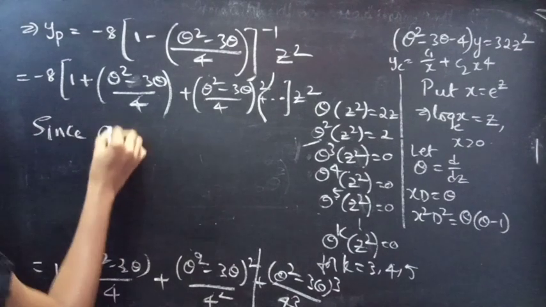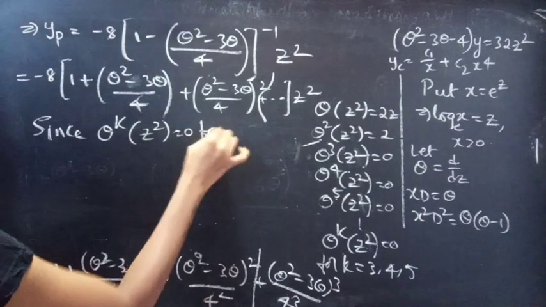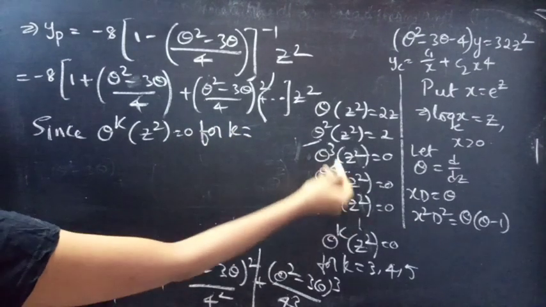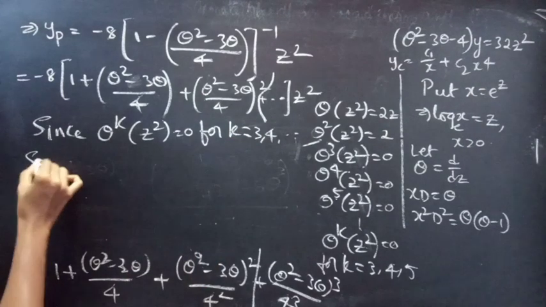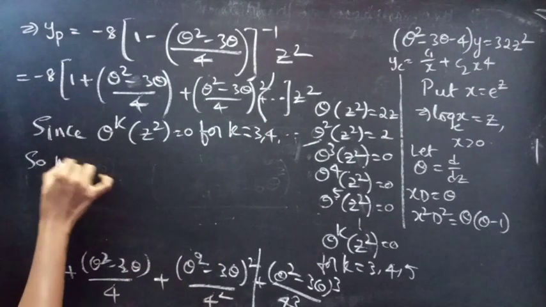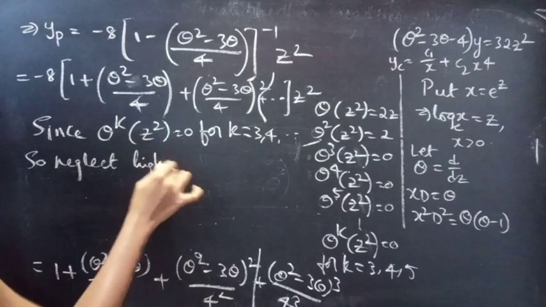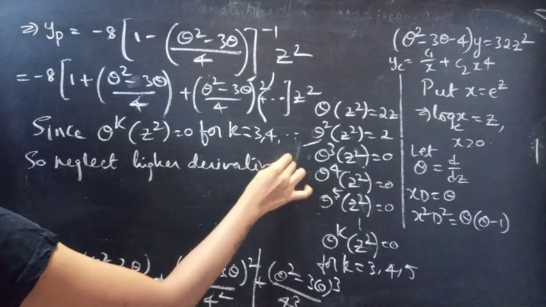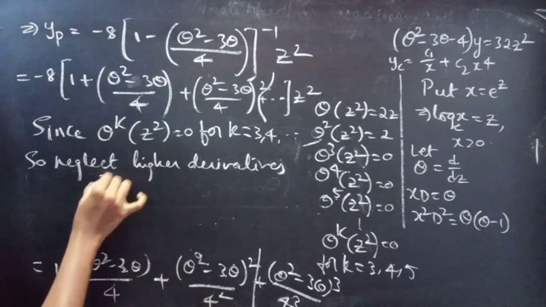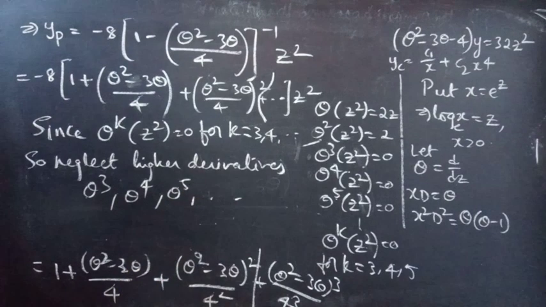Since theta power k of z square is 0 for k equals 3, 4, 5 and so on, neglect higher derivatives: theta cube, theta power 4, theta power 5 and so on.